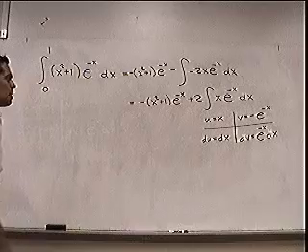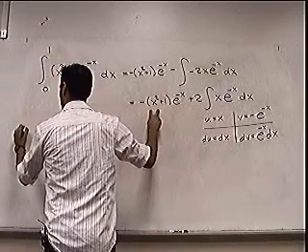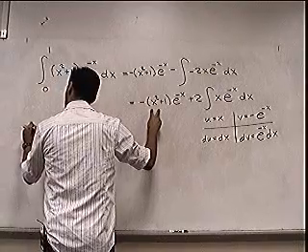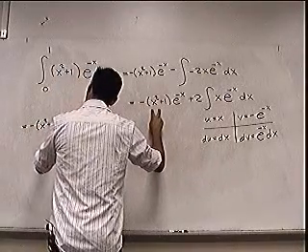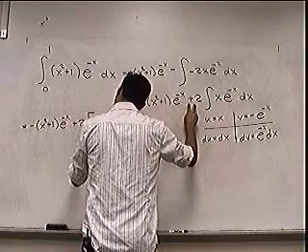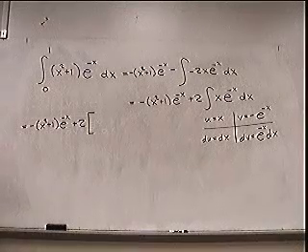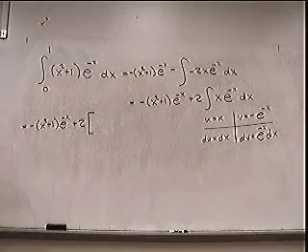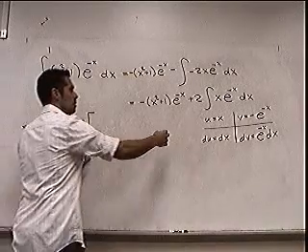Let me see if I can keep track of all my signs and everything on the next line. This is equal to negative x squared plus 1 e to the negative x plus 2 times, that integral becomes what?